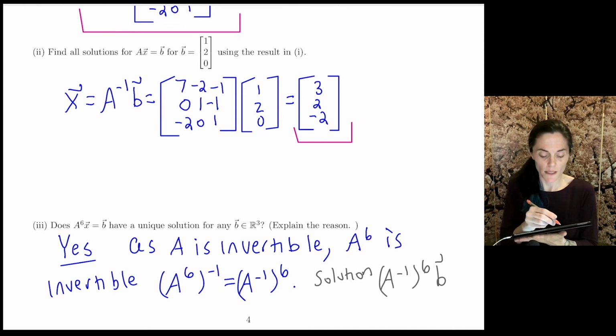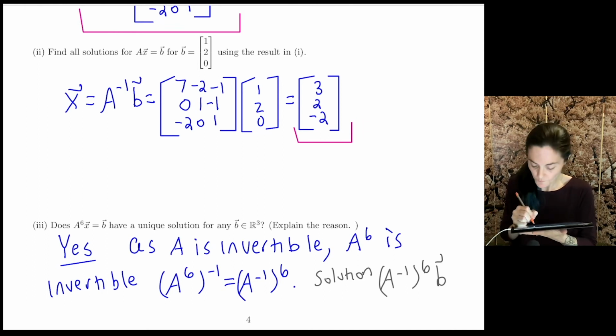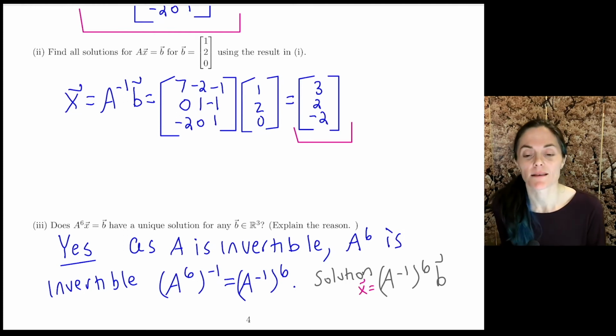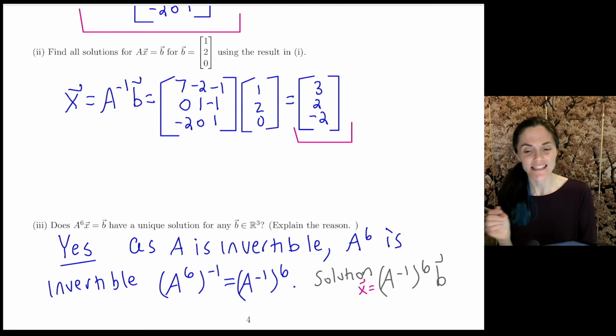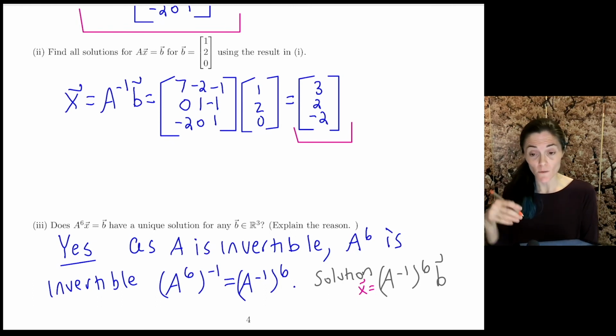This gives me my unique solution here. This is the explanation. The answer is yes. And we have justified my solution is x equals A inverse to the 6th times b.